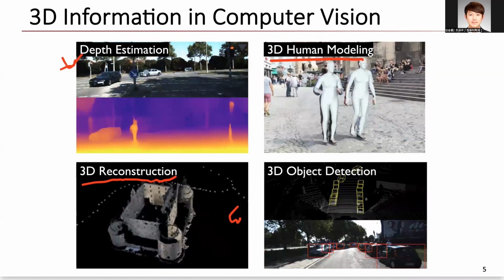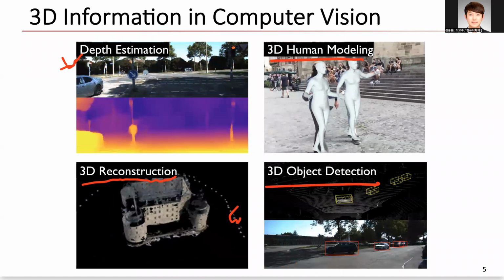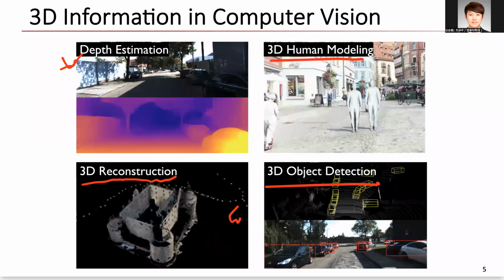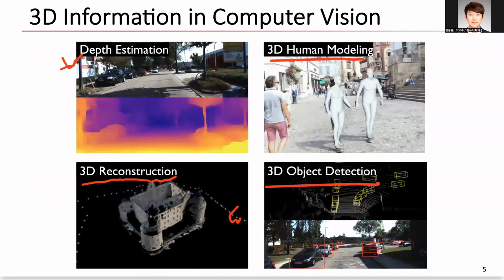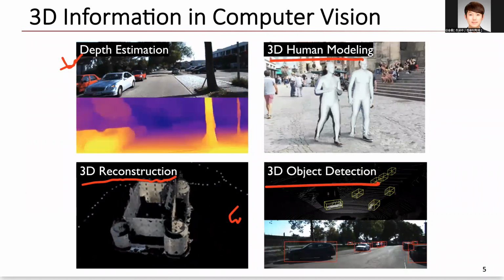And 3D object detection is another one, which aims to infer the 3D object box from 2D images.